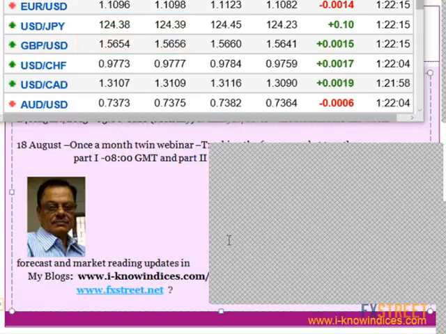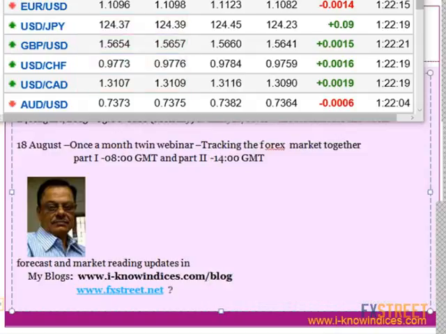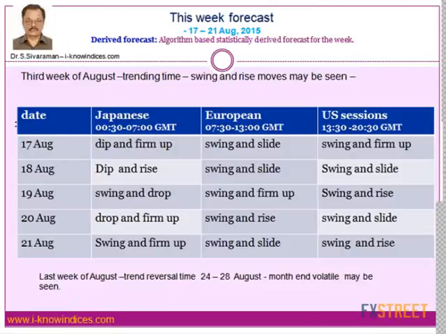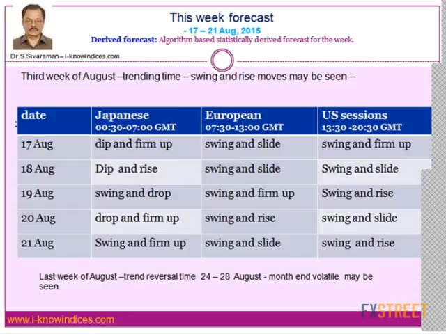Then Lam has got a question. Show the weekly projections page. Yeah, I will show that. I will show the forecast page as well as the weekly projections, and share it. Yeah, the forecast sheet is shown now.